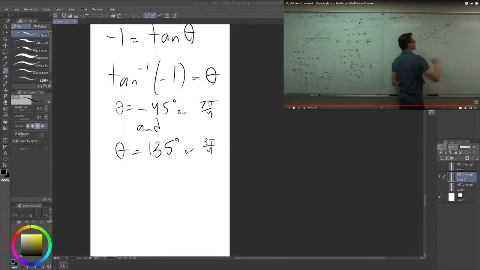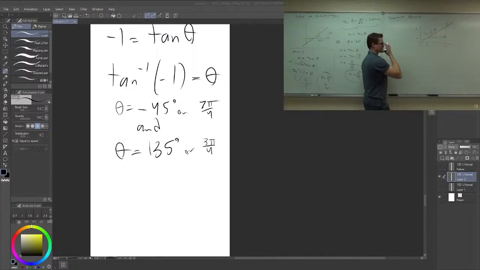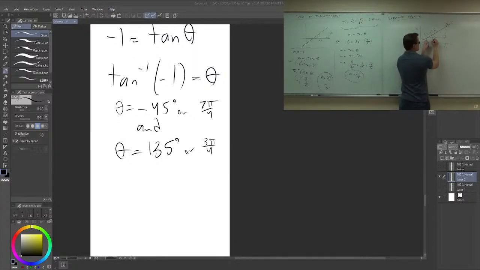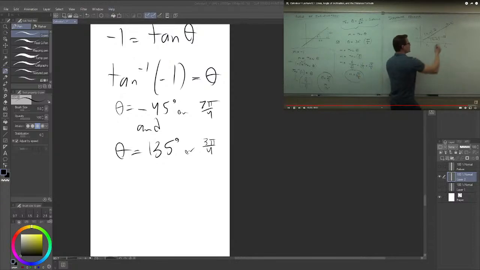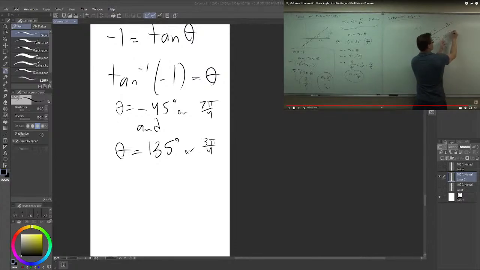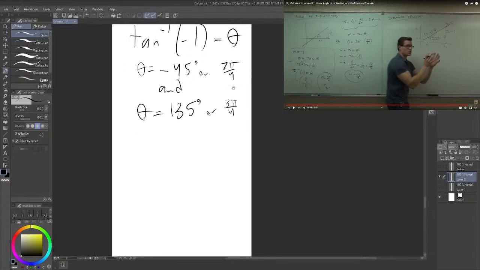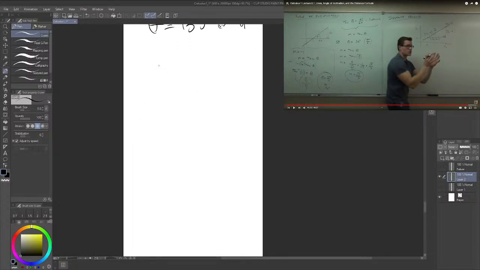If we call this our distance, here's what we can say. We know that this length is x2 minus x1 by the same step that we just did with slope. We know that this distance is y2 minus y1, the same stuff we just did. Straight line it.